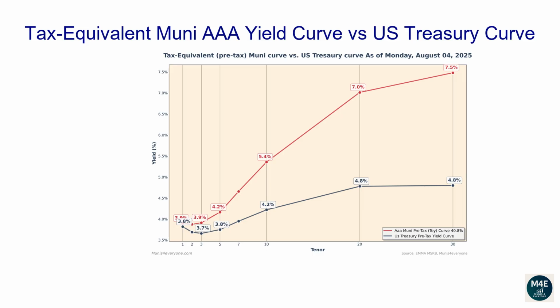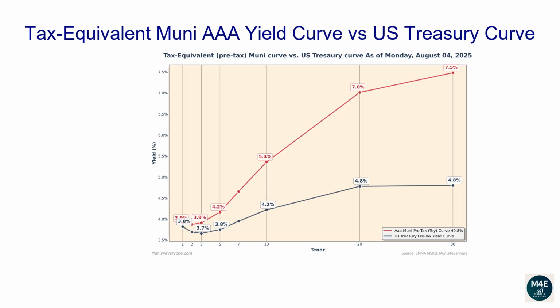Let's now go over the tax-equivalent Muni AAA yield curve versus the US Treasury Curve. The reason why investors and financial professionals care about Munis' tax-equivalent yields is to simply have the ability to compare them against US Treasury yields, which are pre-tax yields. Observing the current graph, we can see that currently all the Muni tax-equivalent yields, based off a 40.8% tax rate, are above Treasury yields.